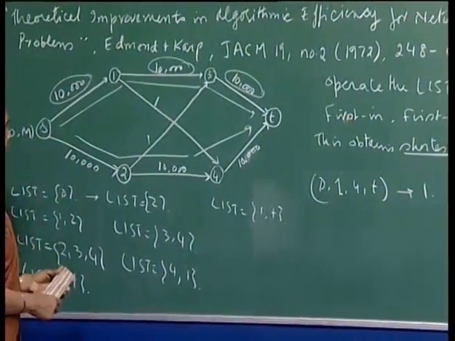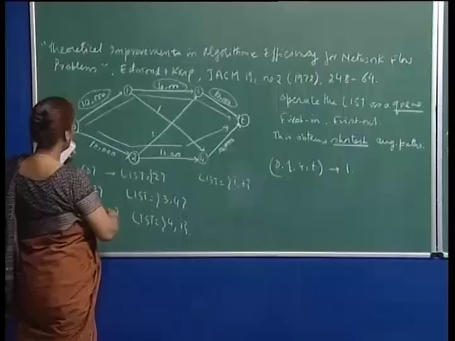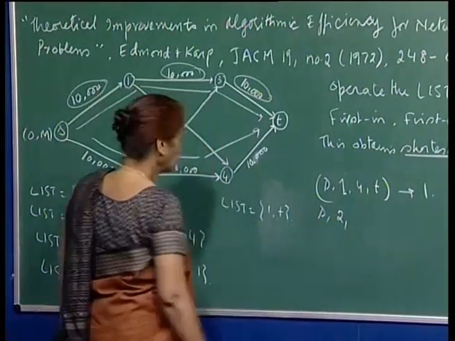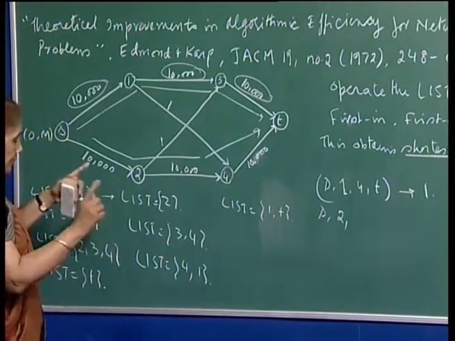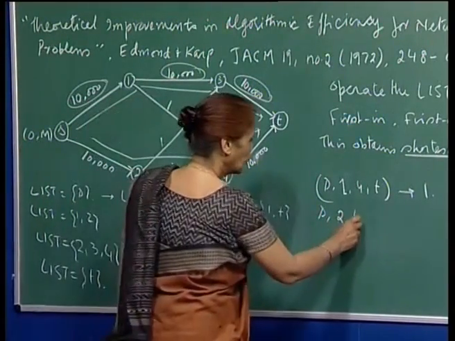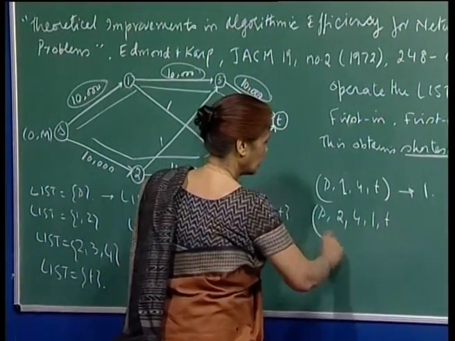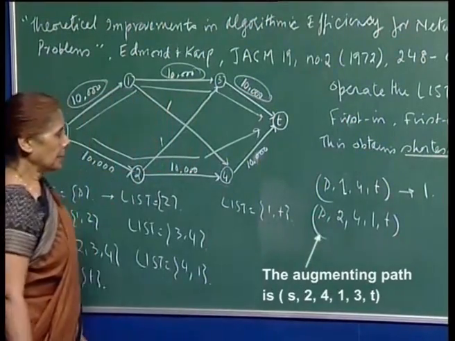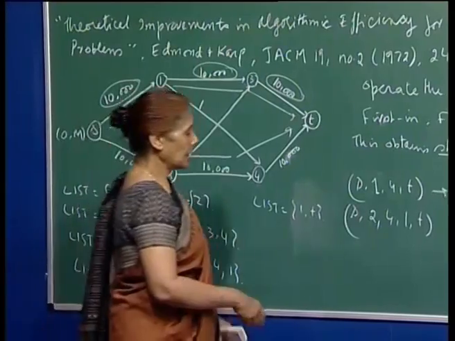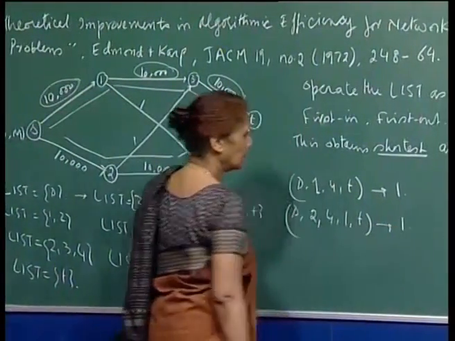Then in the next iteration, we said we can look at the path S2, because there is no hard and fast rule about how you find paths in the Ford-Fulkerson labeling algorithm. S2, then I can go to 4, 1 and T, right. This was your second augmenting path if you choose, again with capacity 1, right.